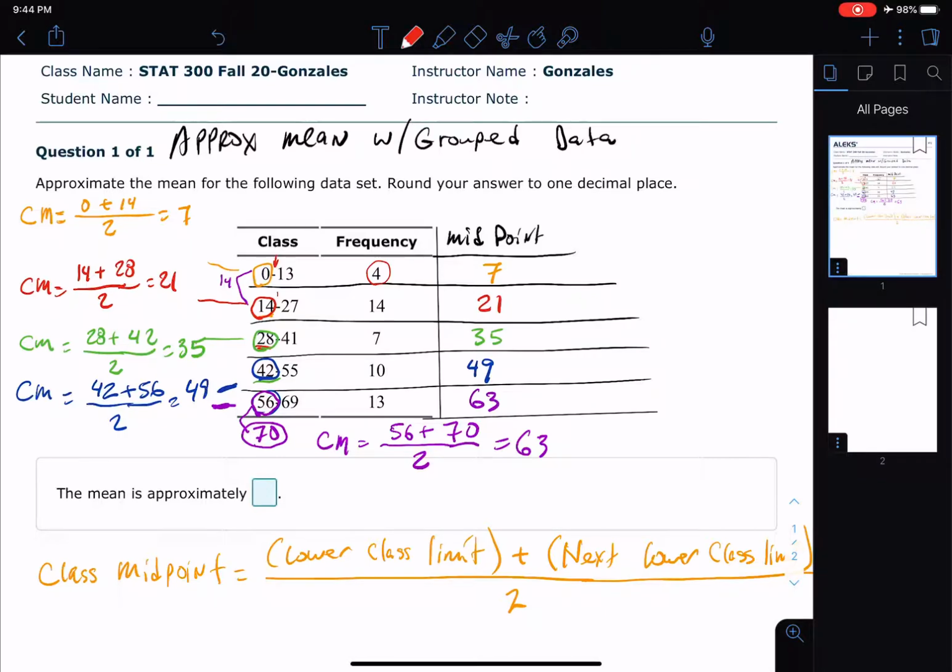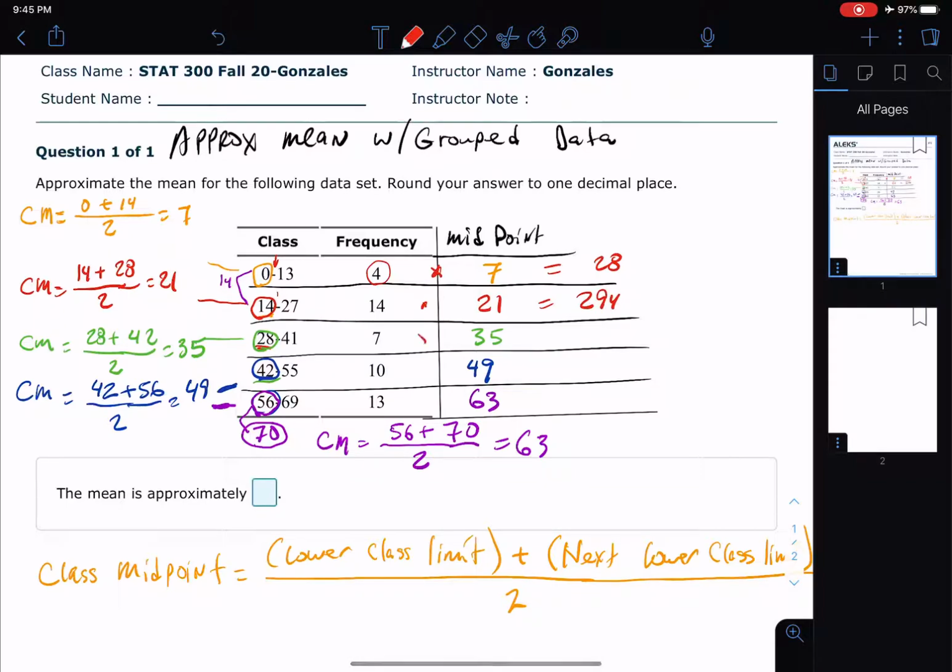And so if we want to add these numbers up, essentially we need to multiply. We have to take 4 times 7, which gives us 28. And then we got to do that on every single step. 14 times 21 gives us 294.